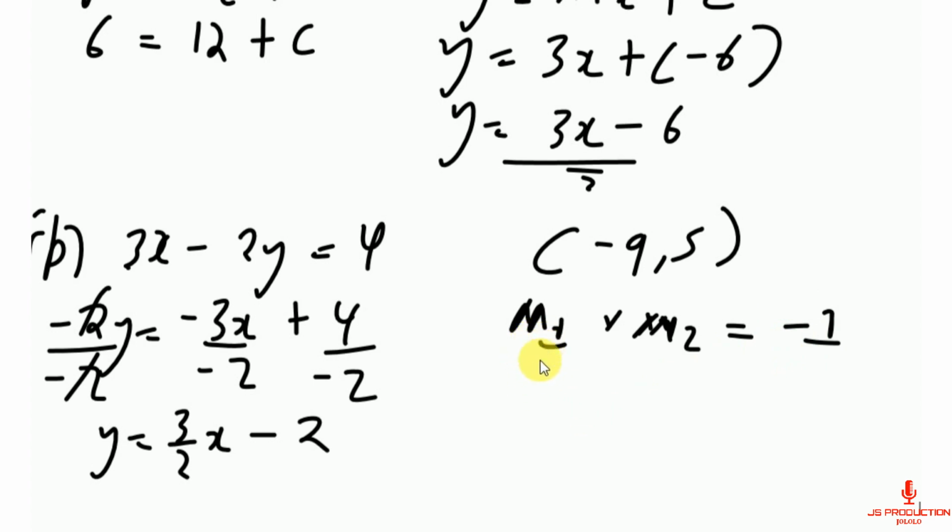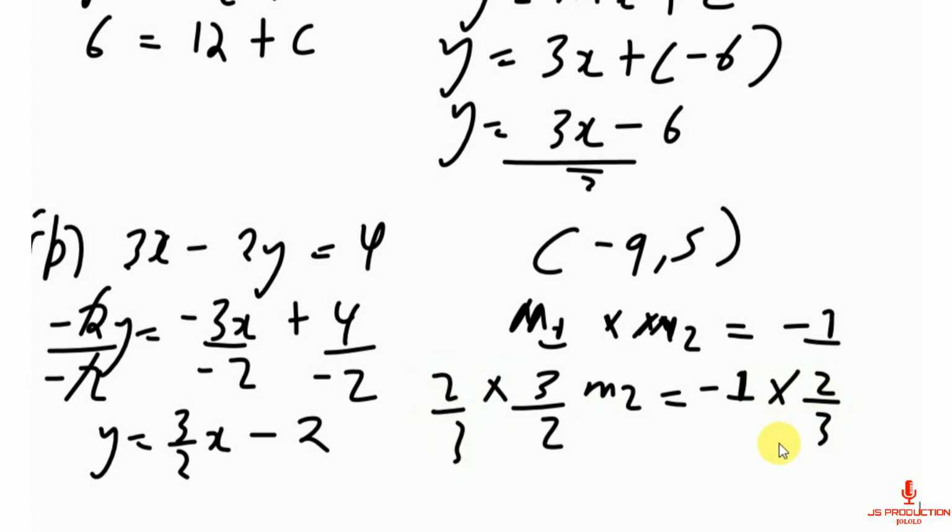So our m1 is 3 divided by 2, multiplied by m2, is equal to -1. To calculate m2, we multiply by 2 over 3. So our m2 will be equal to, after cancelling out, -2 over 3.